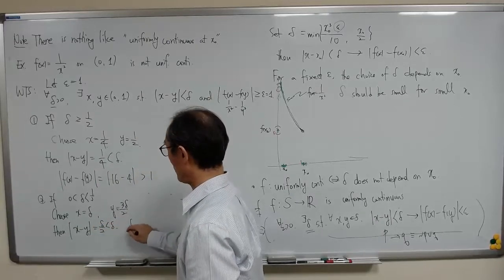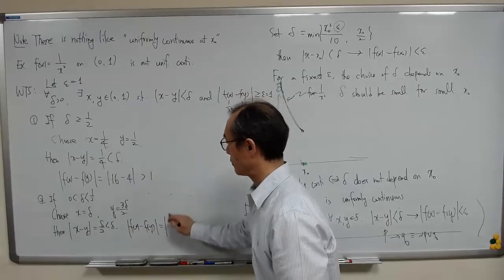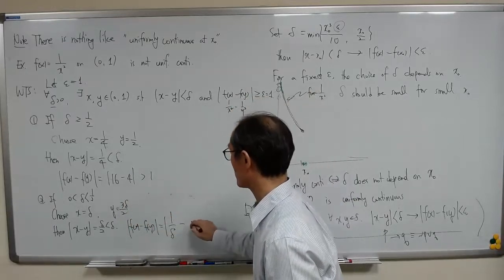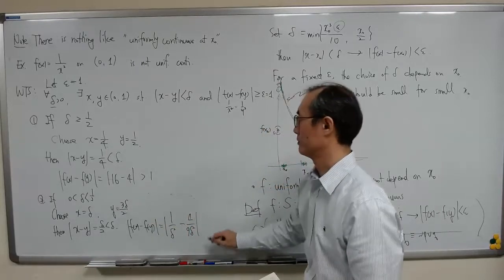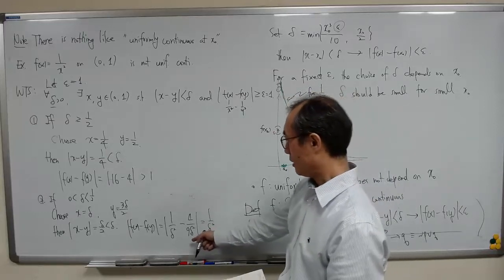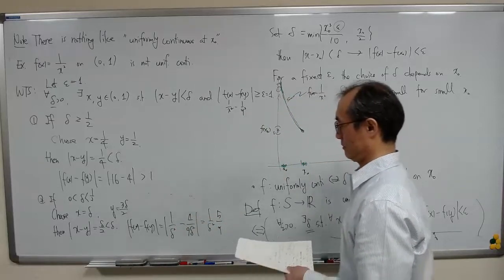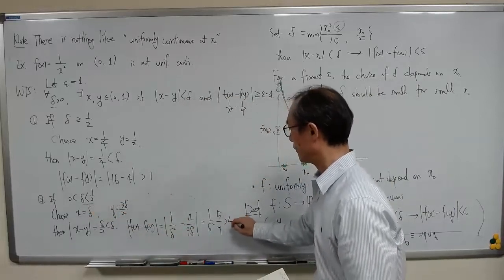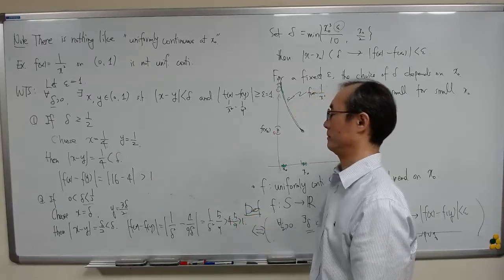But f of x minus f of y is 1 over delta squared minus 4 over 9 delta squared, which is 1 over delta squared multiplied by 5 over 9. Since delta is less than half, this is greater than 4 times 5 over 9, which is greater than 1.